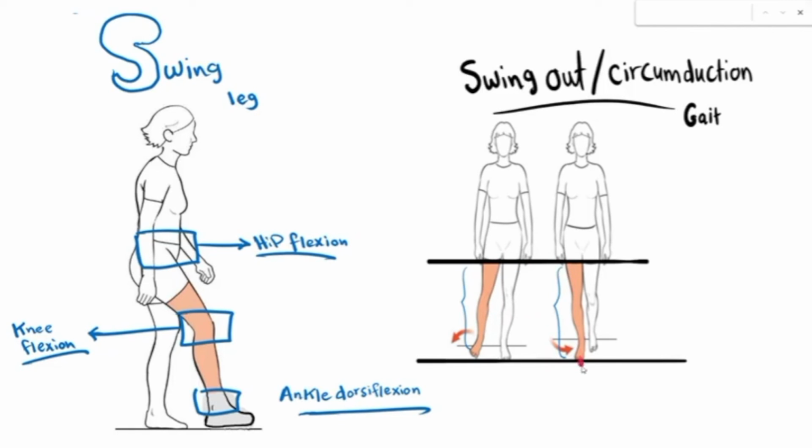You see how this is the normal length of the whole limb, but when you abduct it, you shorten it. That's what they are trying to produce. Patients who have weakness in the hip flexion come with circumduction or swing out gait.